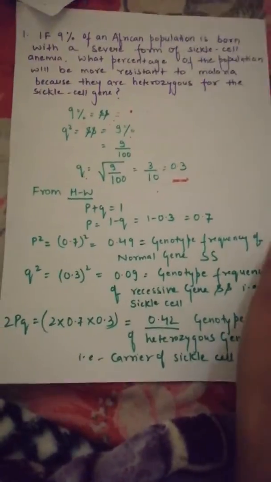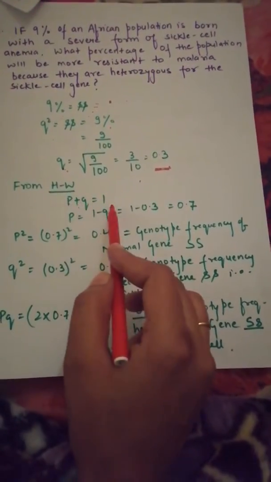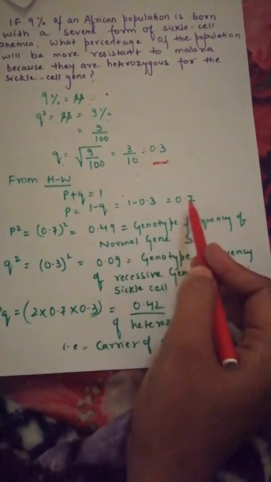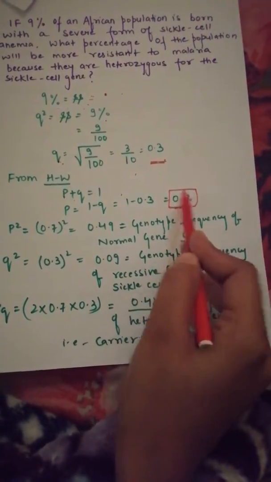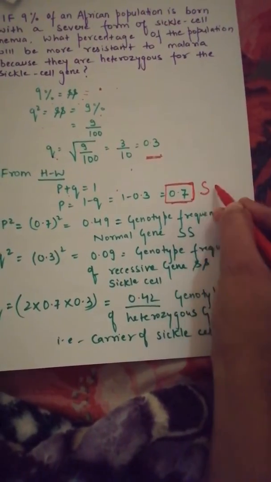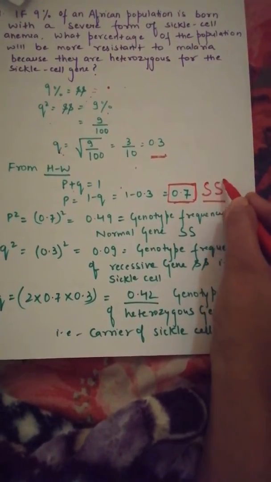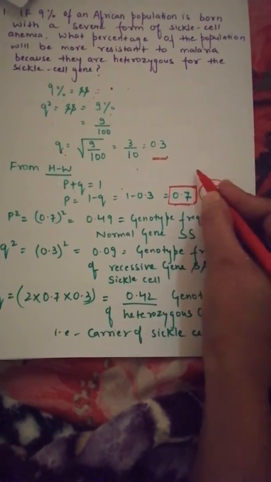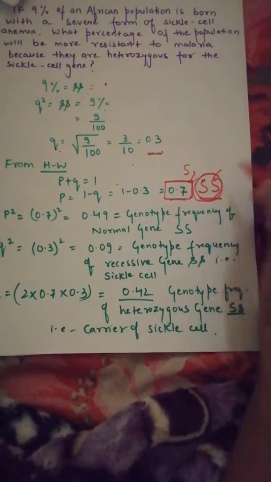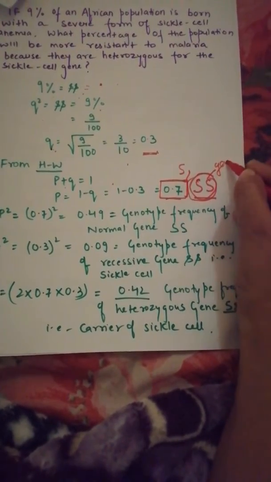We will find p. From Hardy-Weinberg equilibrium, p plus q is equal to 1. Then p is equal to 1 minus q, which is 0.7. It is the frequency of the dominant allele, that is capital S. This capital S capital S is the frequency of the dominant genotype.